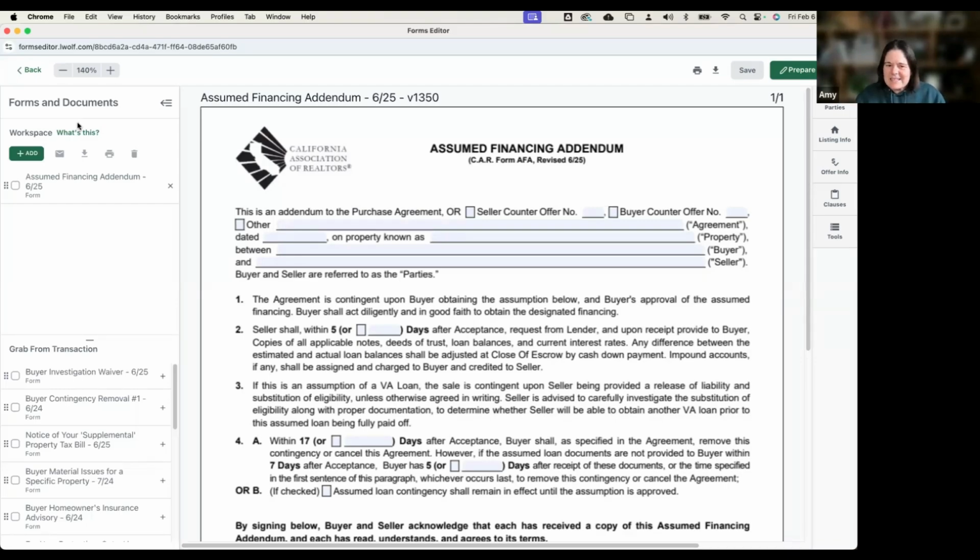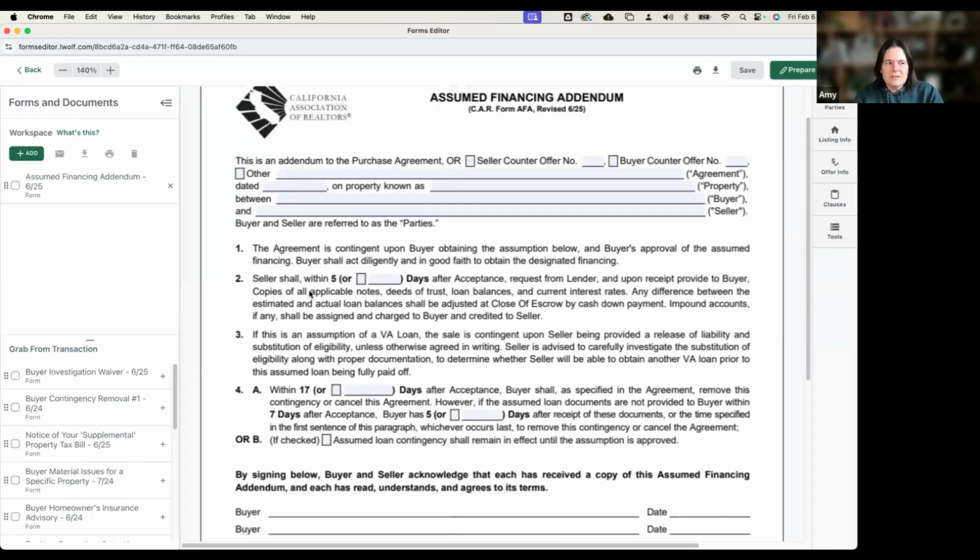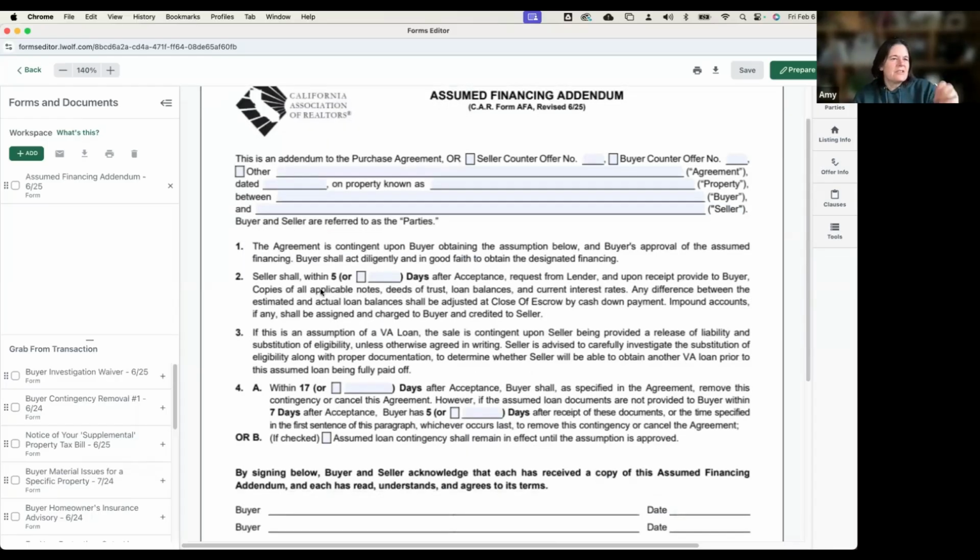Now, technically, if we're assuming financing, we're disclosing that we're assuming financing. The assumption of that financing, or the eligibility and approval of assuming that financing, should ultimately fall underneath our loan contingency. But I feel like there could be some gray area there. So I would probably check the box for 4B.